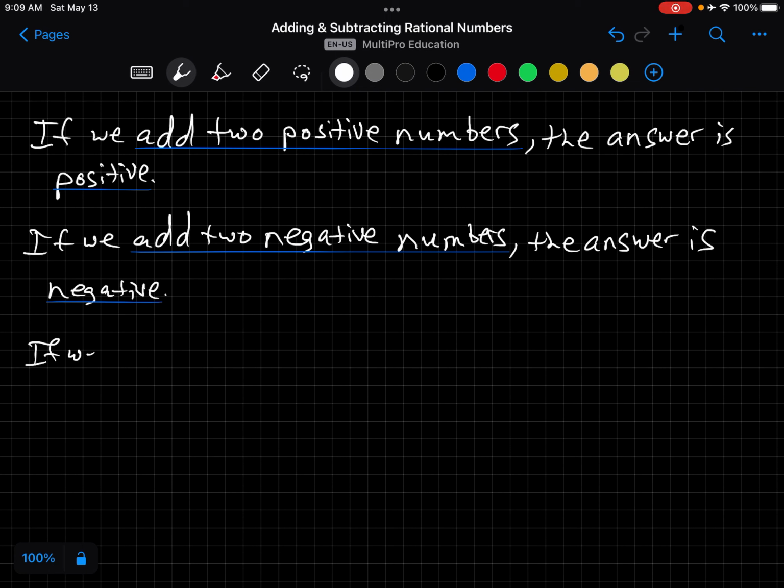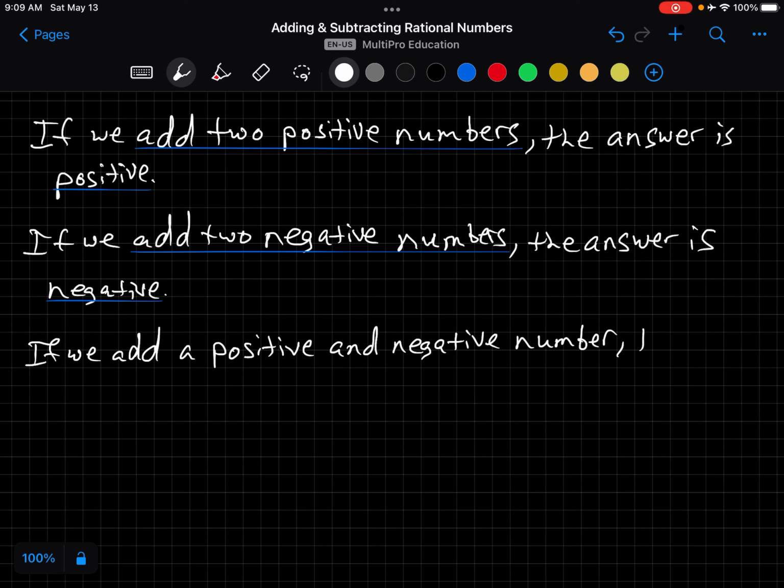Let's talk about another rule. If we add a positive and negative number, the sign, what is the sign?